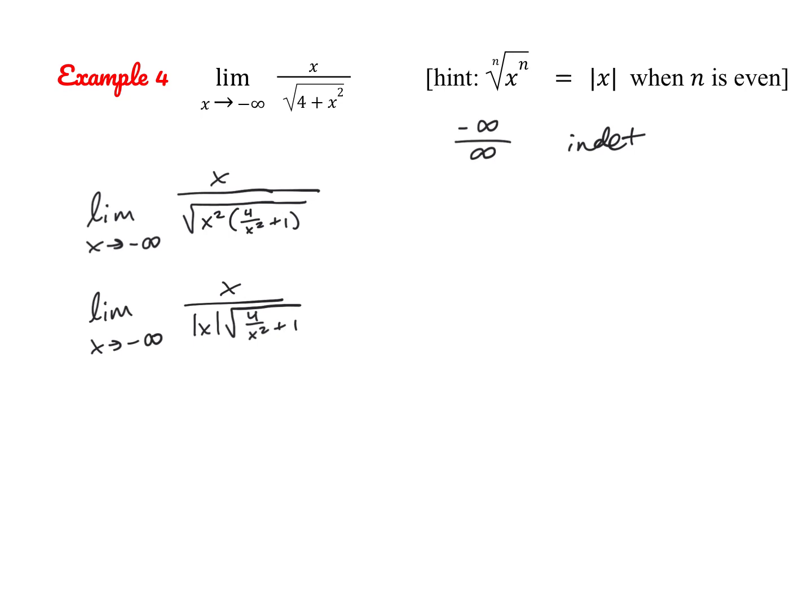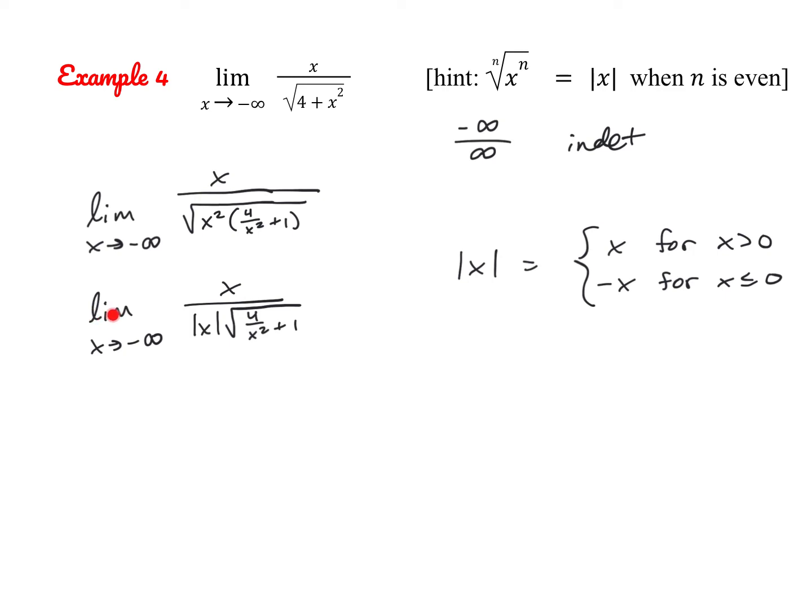Now here's the part that becomes a little bit tricky. We need to remember that the function absolute value of x can be written as a piecewise function. It's positive x when x is greater than 0. It's negative x when x is less than or equal to 0. Remember, it can be written as a piecewise function with 2 linear portions.